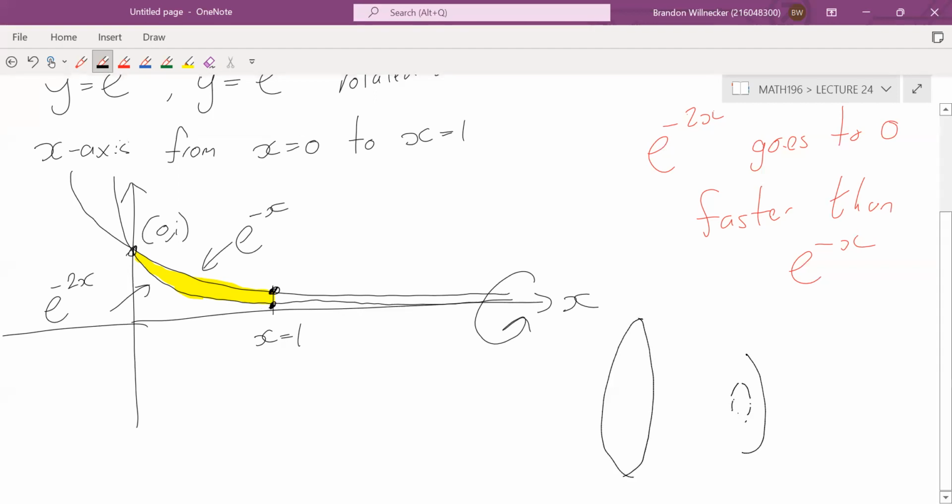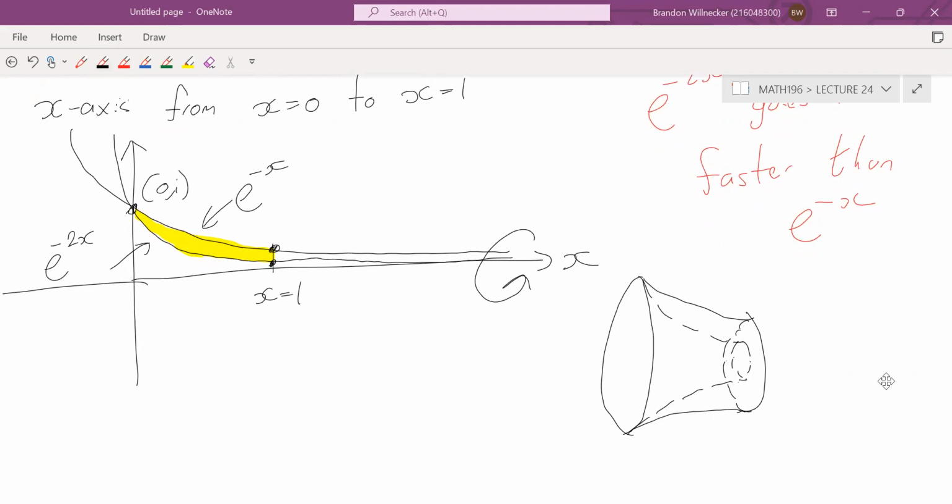So it's going to look something like this, and then these are connected like that. So it's like a smaller funnel inside a larger funnel, if you want to think of it like that.